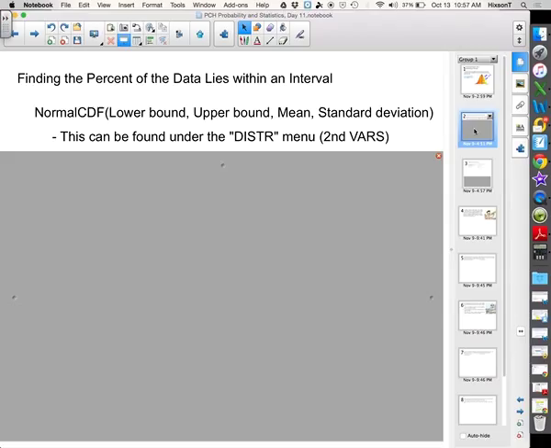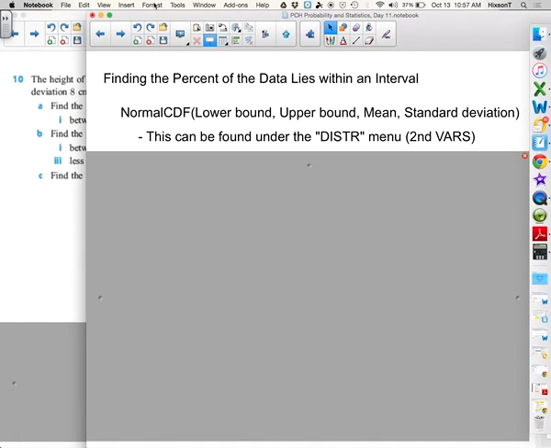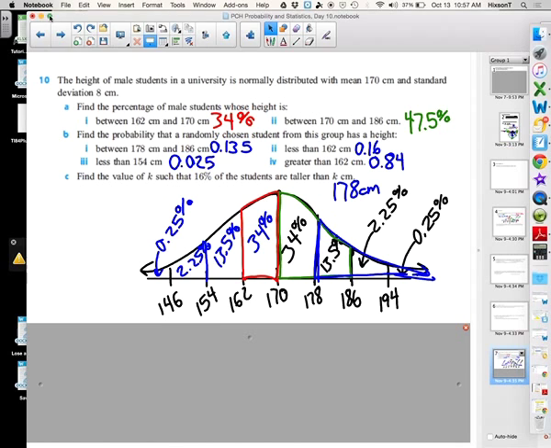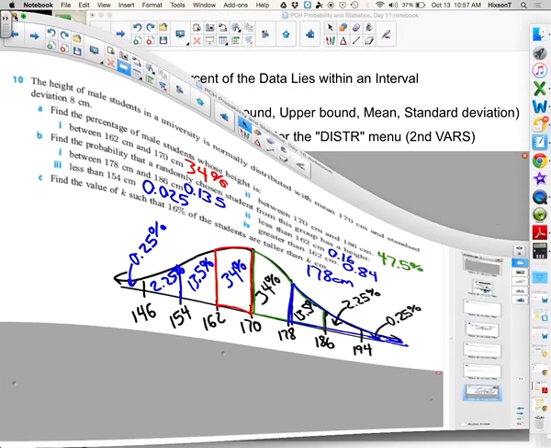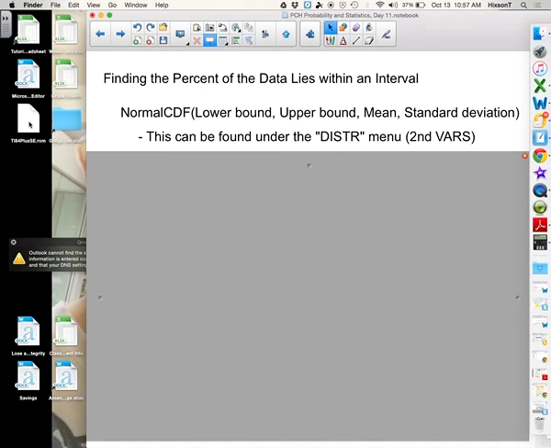All right, so where do we find this? If you have the TI-84 or the 83, it's the same thing. You'll notice the button with VARS on it. It's up near the arrow keys.